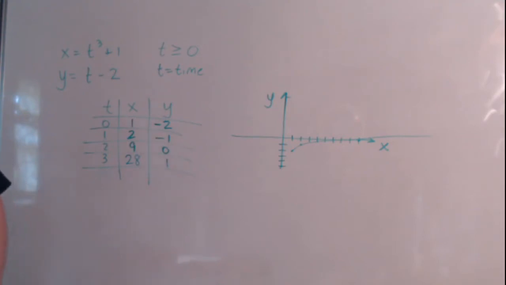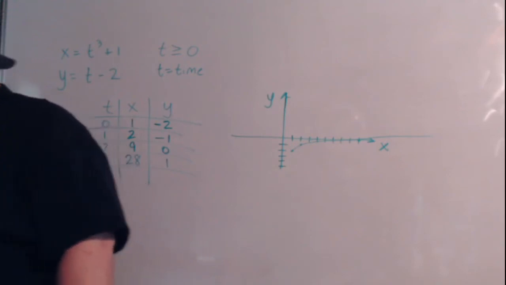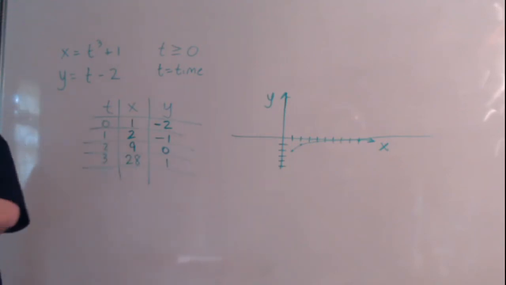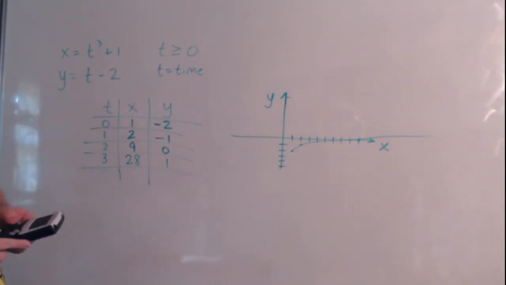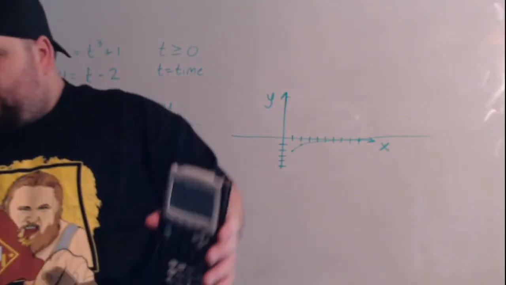So what I wanted to do was to show you how to do that on your calculator as well. If you go to your calculator and you go to mode. Let's see if I can see this.